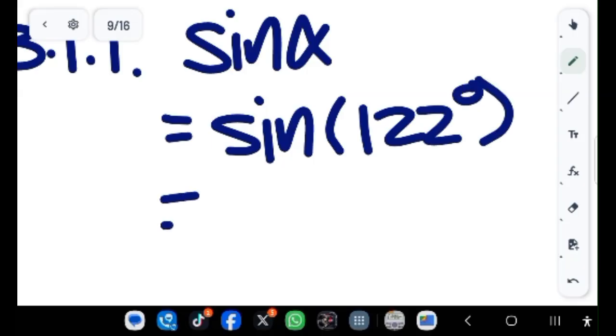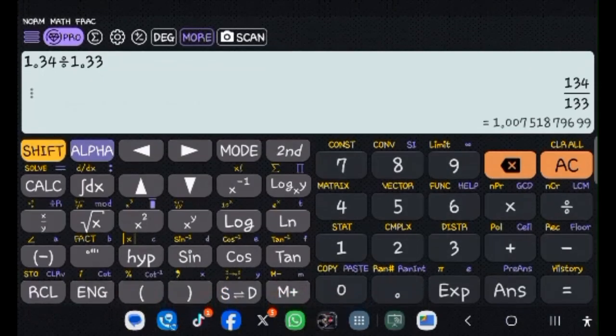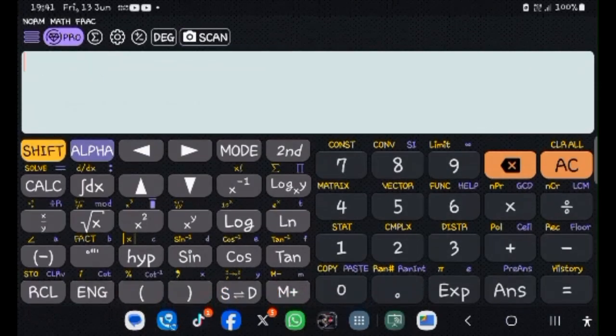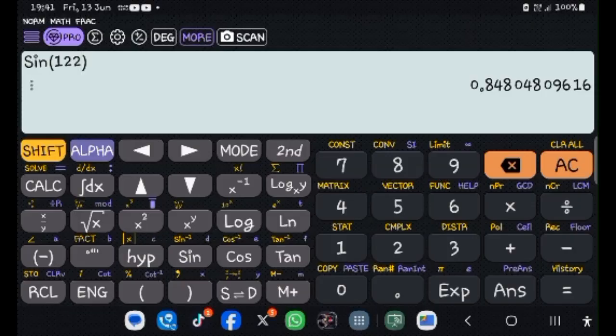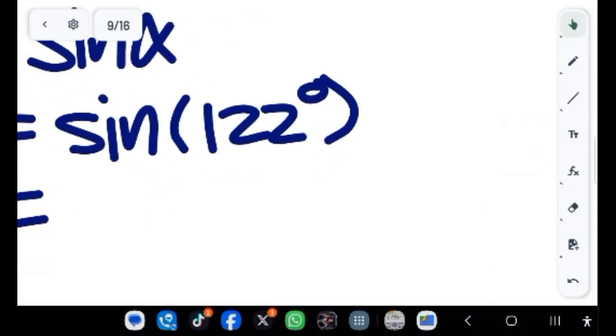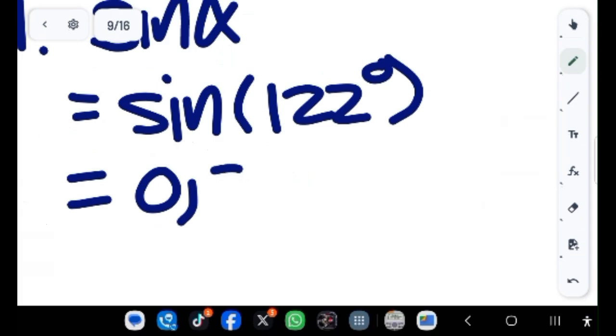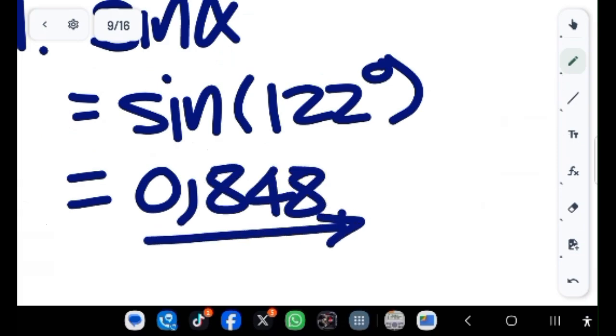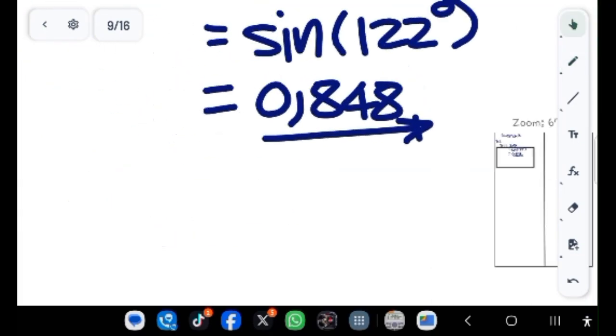Taking out a calculator, sine of 122 degrees equals 0.848, because they said we must round off correct to 3 decimals. That's what we get.